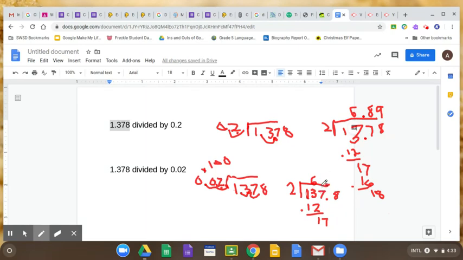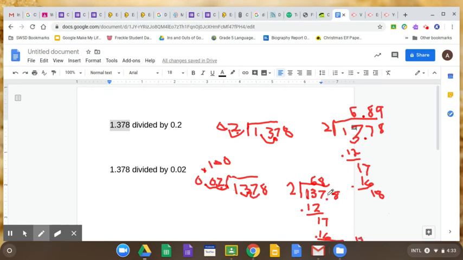So I'm still putting the 8 right above the 7. And that would be, oh, I ran out of space. So then that would be 18 down there because I'm bringing down the 8.